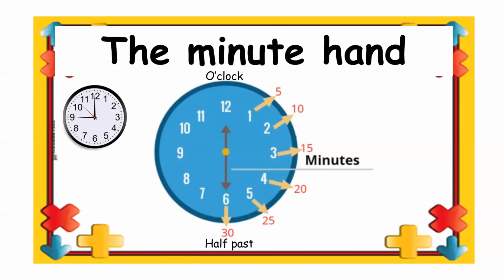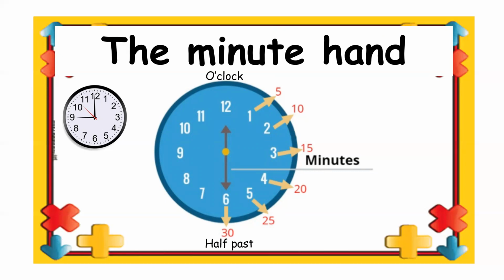Let us try it. 5, 10, 15, 20, 25, 30. Well done. Our minute hand is pointing at 30 minutes because it is halfway around the clock. We will also call it half past.